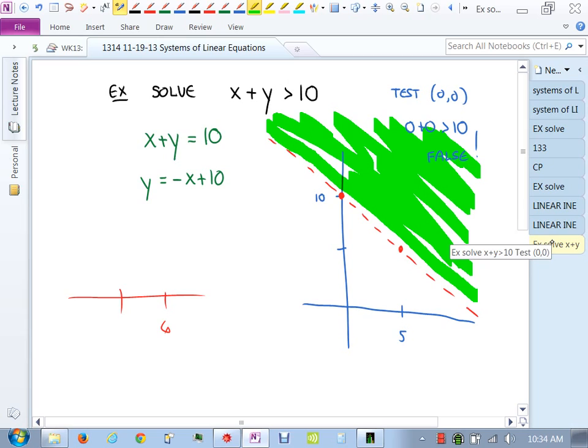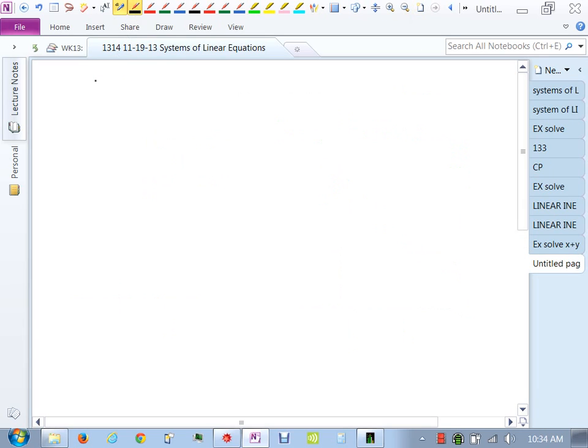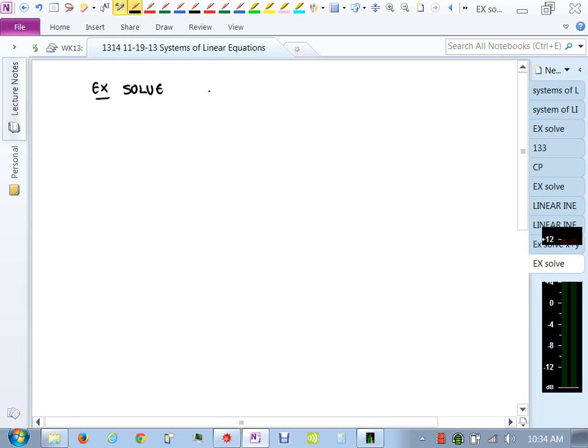So now instead of having 2 equations and trying to find where they hit, what we're going to look at is something like this. Solve, let's say that x plus y less than 10.